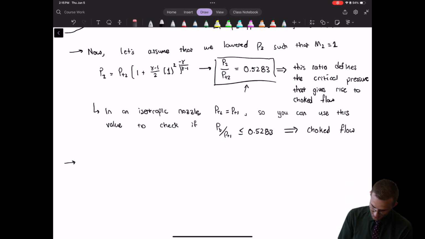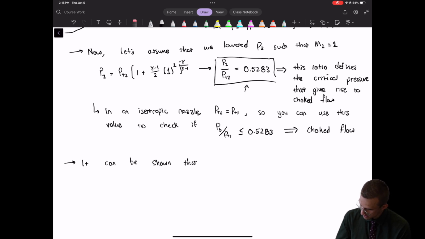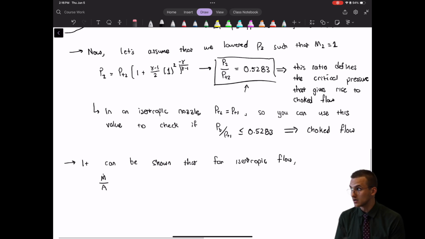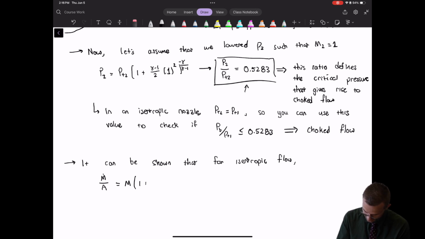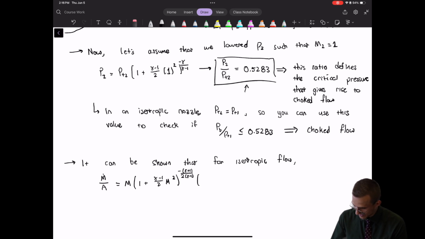One thing that you can show for isentropic flow is this relationship: m dot over A, the area-normalized mass flow rate, is equal to the Mach number times (1 plus gamma minus 1 over 2 M squared), that whole thing raised to the minus gamma plus 1 over 2 times gamma minus 1, multiplied by gamma over R raised to the 1/2 power times Pt over the square root of the stagnation temperature.